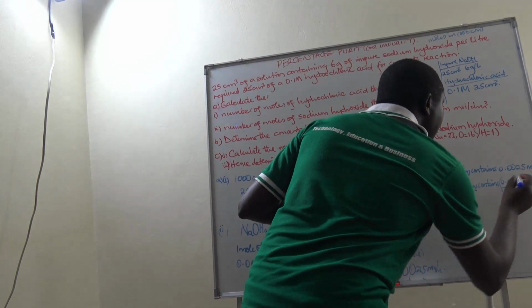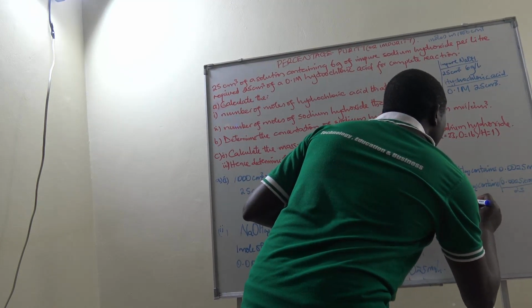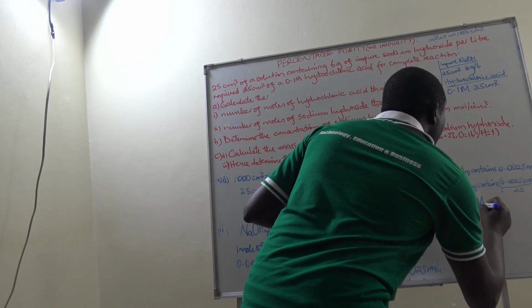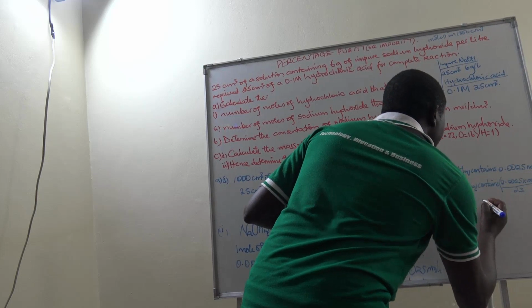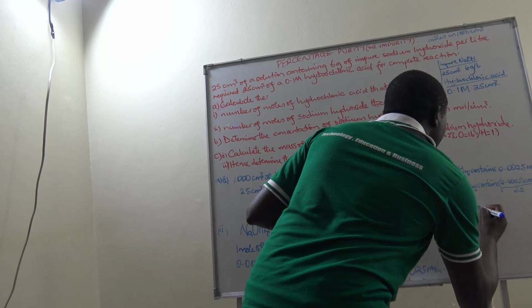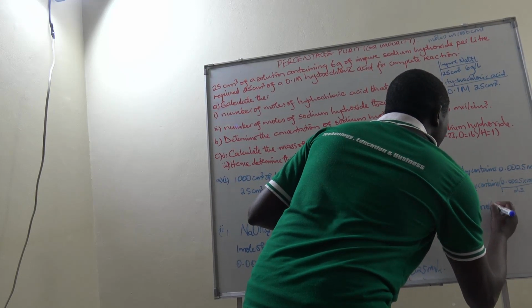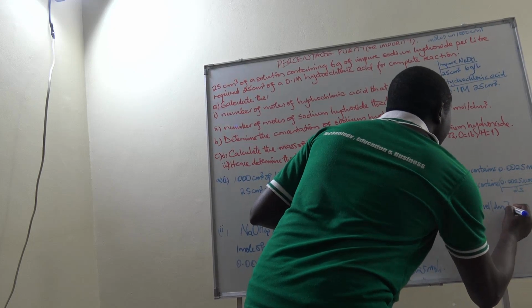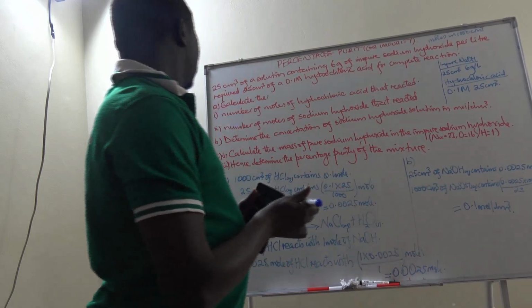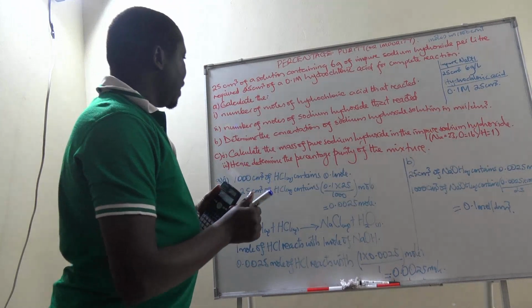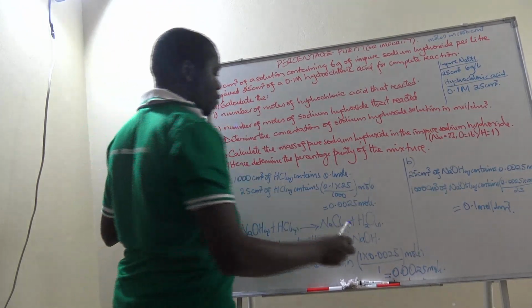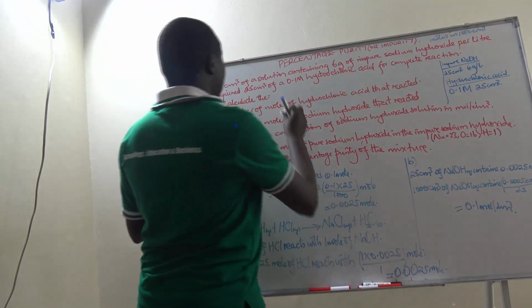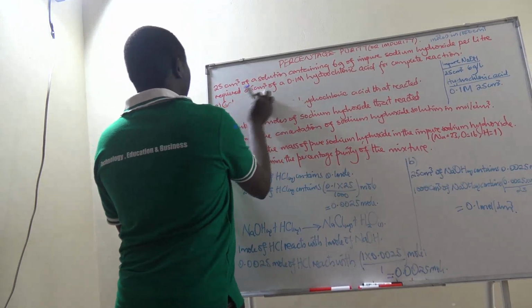So this is the number of moles in 1000 cubic centimeters, and that is our molarity, which is our value of concentration in moles per cubic decimeters as required. So we are done with part B. Let us go to part C, 1 and then 2. Allow me to use this space up here.